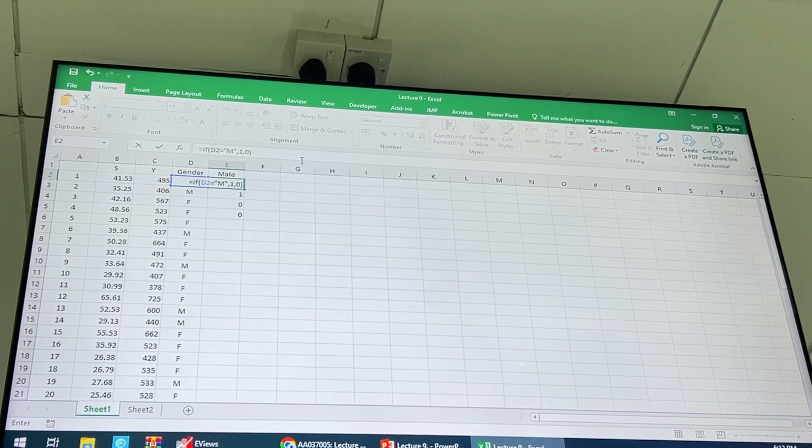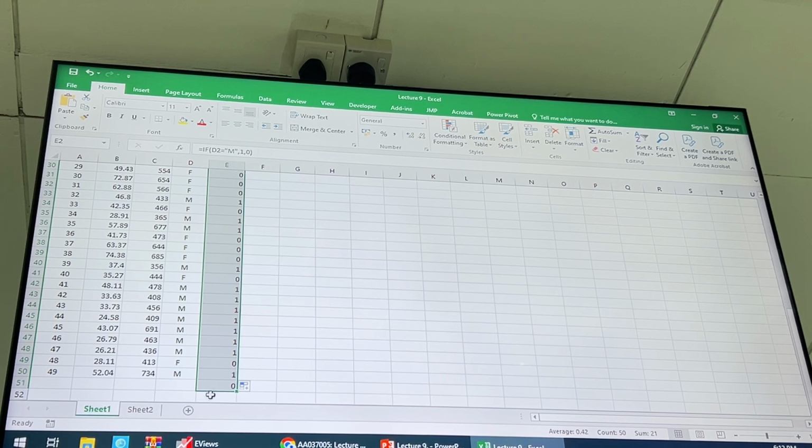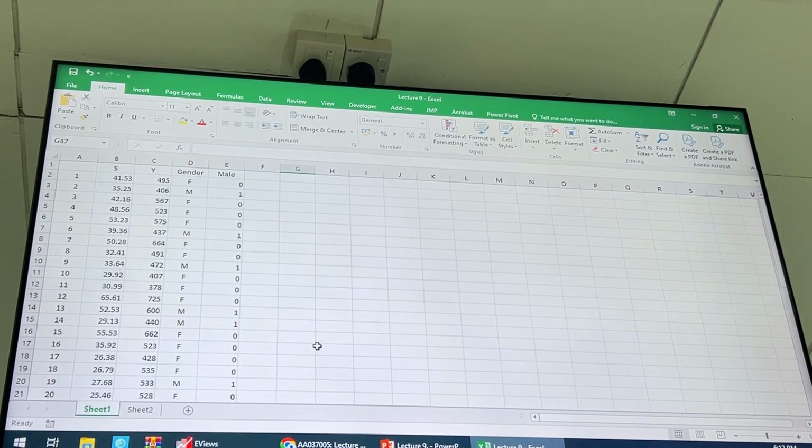If you drag this down, then you have the dummy variable. This is what we call a dummy variable: there are only two values, 0 or 1.